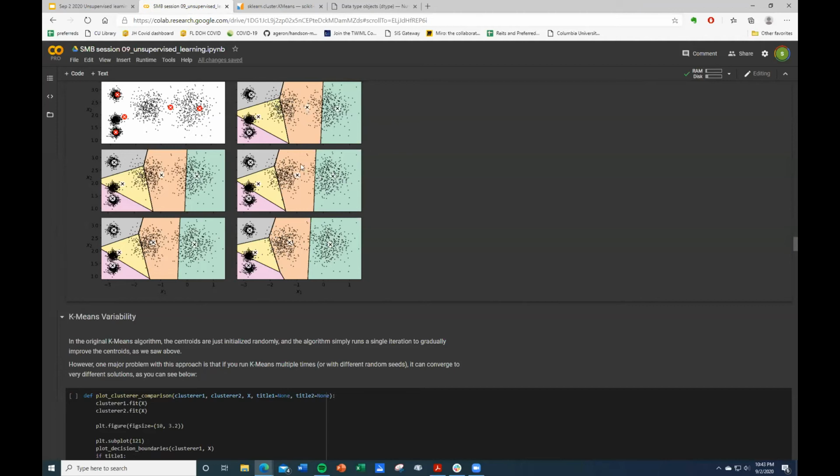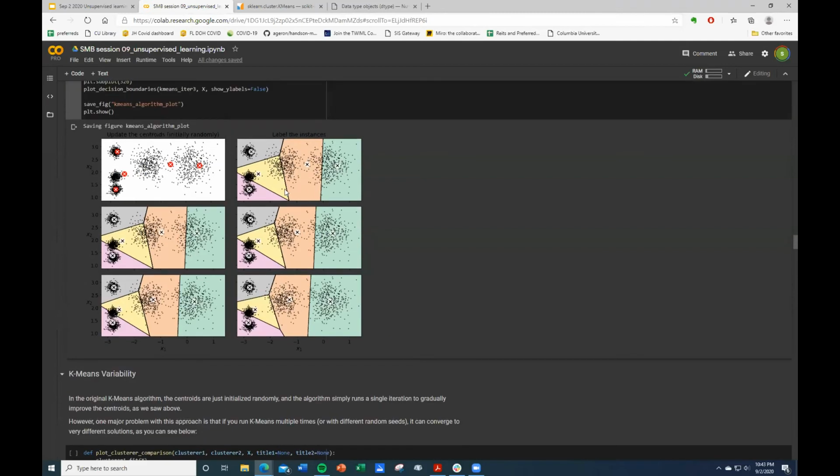Yeah, then I'm kind of confused why do we have 6 diagrams again? I think that's because he's running it for 1 iteration, 2 iterations, and 3 iterations. 1 + 2 + 3 is 6. It's hard to see this, but the label on the graph says update the centroids initially randomly, and second label the instances.